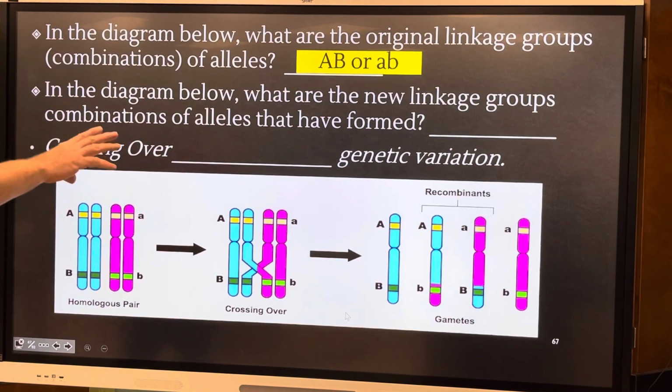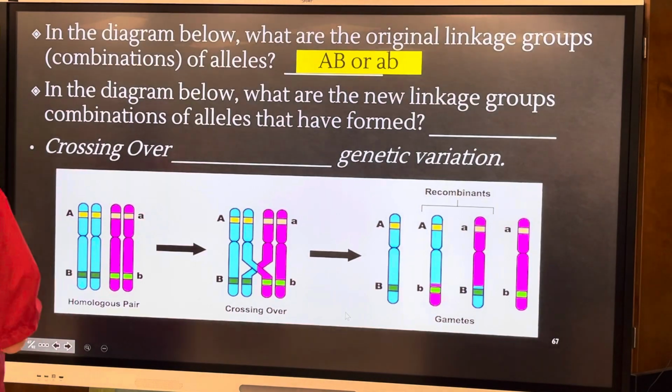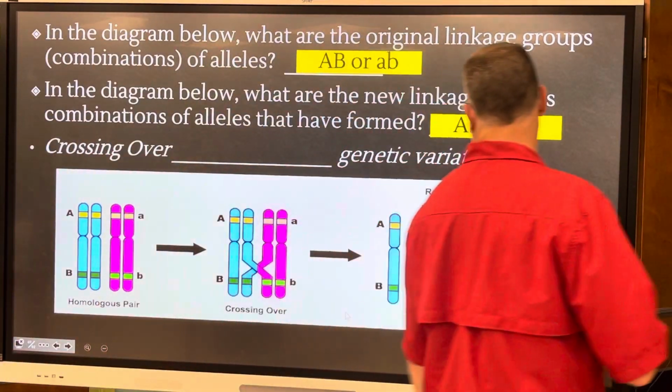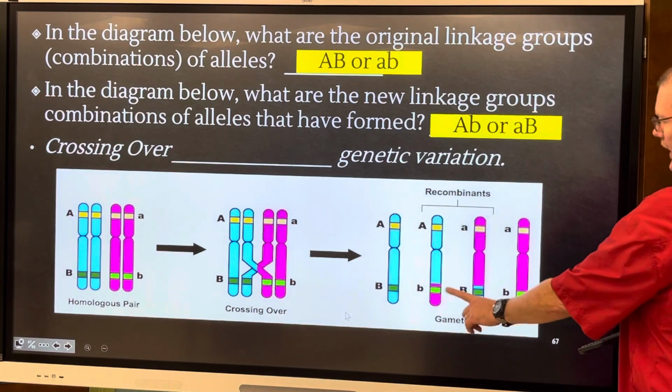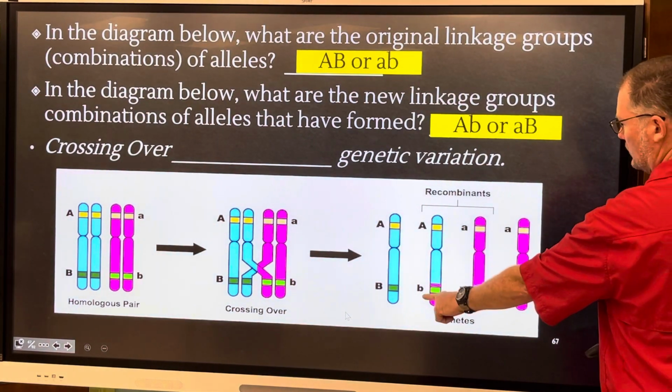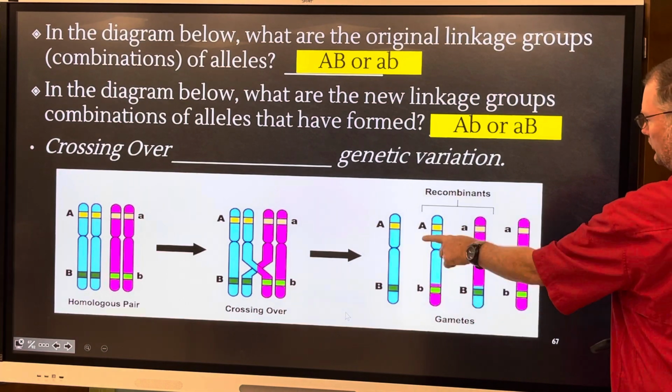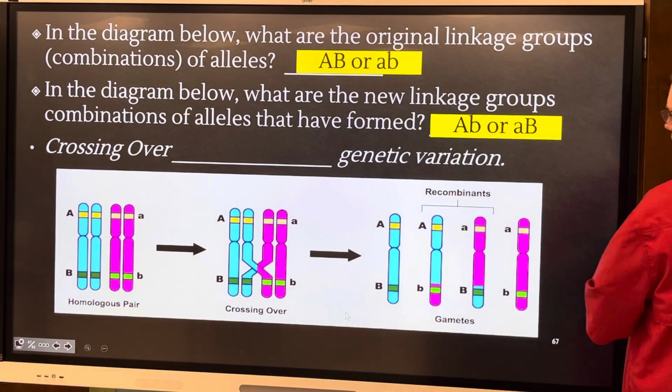But in the diagram, what are the new linkage groups, combinations of alleles that have formed? You've got the recombinants, capital A, capital B, or capital A, little b, or little a, capital B, right?